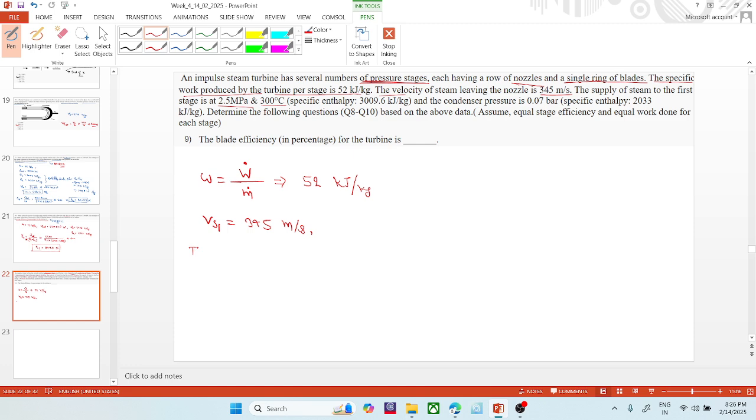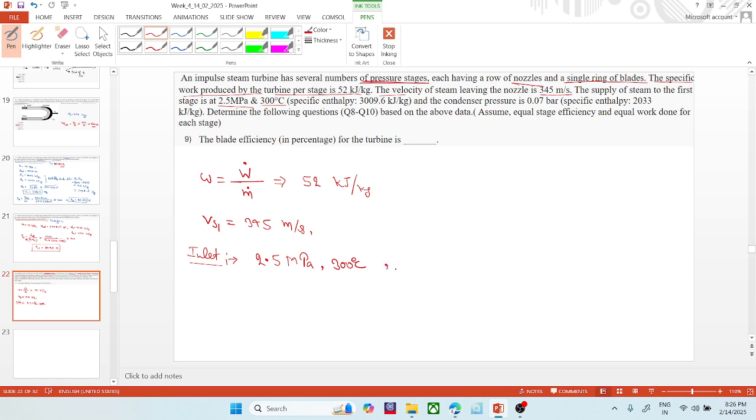Okay, so the inlet conditions they have provided: 2.5 megapascal and 300 degrees centigrade.